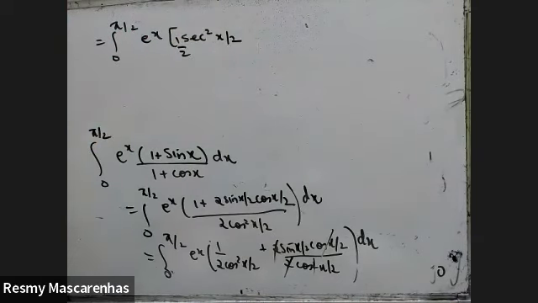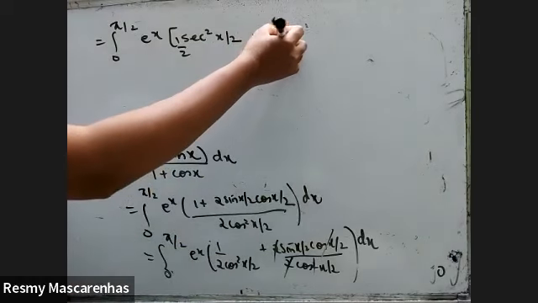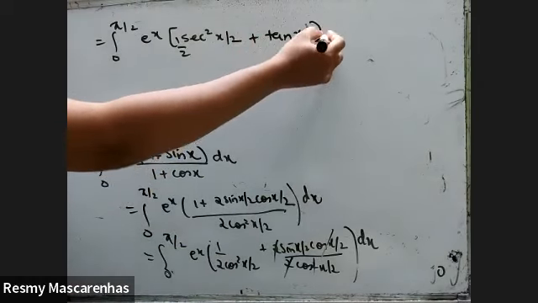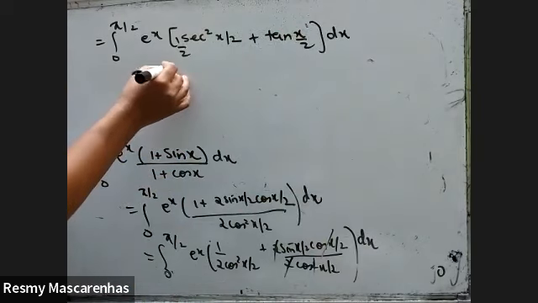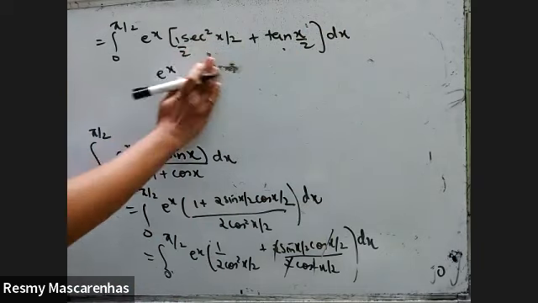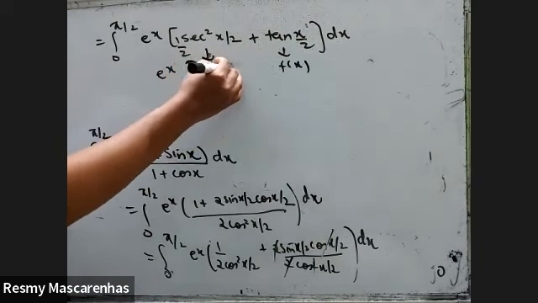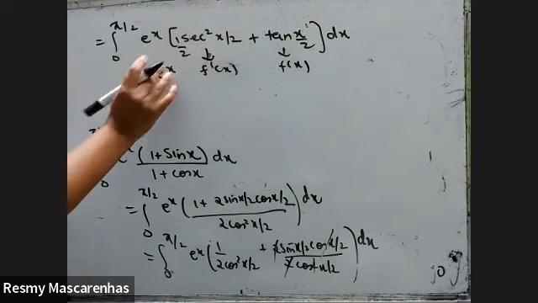1 upon cos square is sec square x by 2, and sine upon cos will give me tan x by 2. So this is in the form of, sorry, this is f of x, and this is f dash of x, because derivative of tan is sec square.